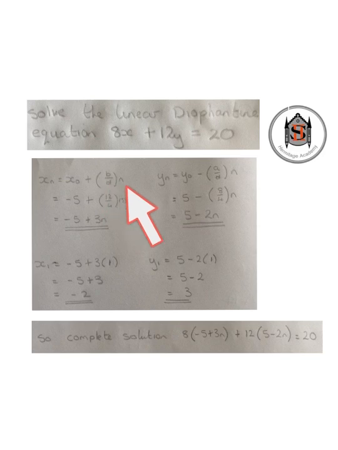To do that, I need to use the formula x_n equals x naught, my initial condition for x, plus b over d times n. d is my greatest common divisor, and b is the number in front of y. Be careful: when I'm finding x, I'm using the number in front of y.